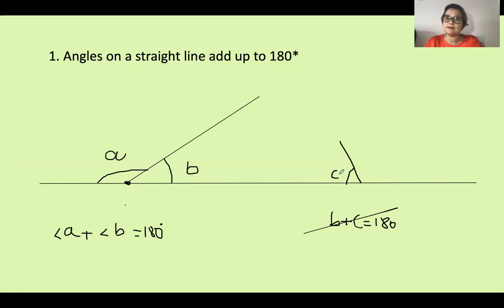If we think C makes 180 degrees with the angle here, which I'm going to call angle D, then C plus D make 180 degrees, all right? Just like that. So remember, the simplest way to remember is that both angles come off the same point on the straight line, right? Very good.